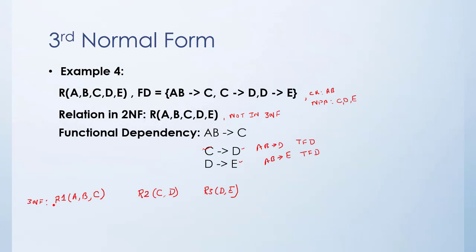Now, it may sometimes be very confusing to determine whether there is any transitive functional dependency or not. Similarly, to determine 3NF directly, we need to determine whether it is in 2NF or not.